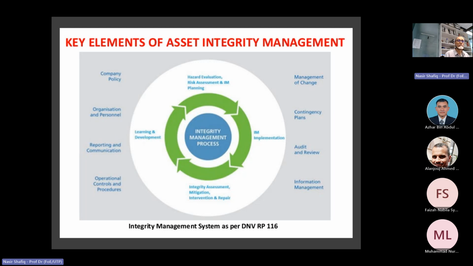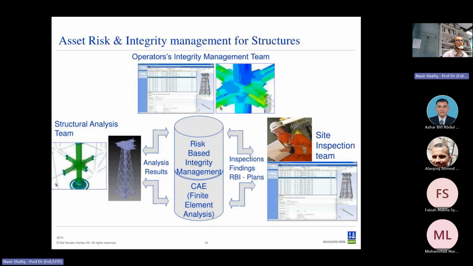That should also be considered, that people may be changing, but the asset should be operating in the same situation. Also contingency plan, audit and review, and information management. This system is from DNV RP116. So that is clearly defined in that.